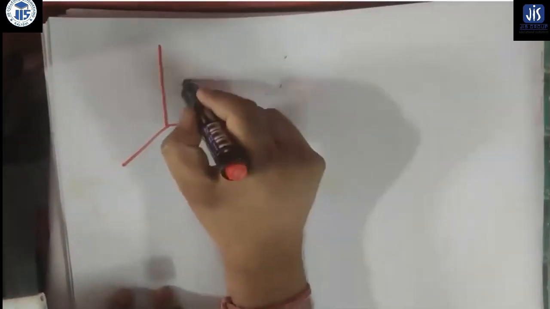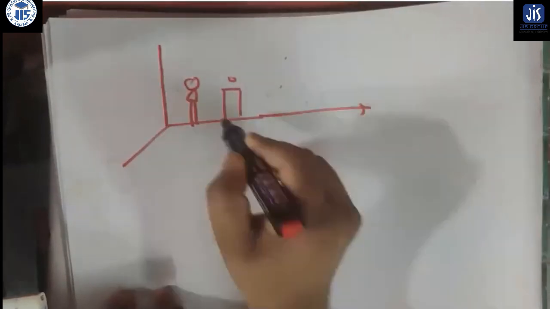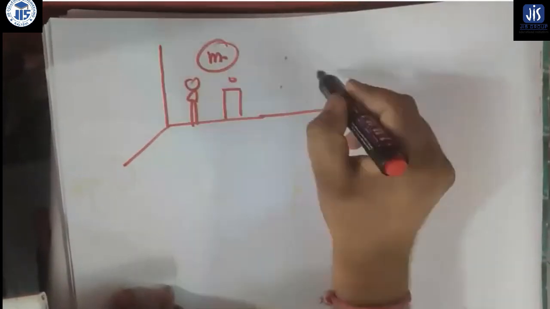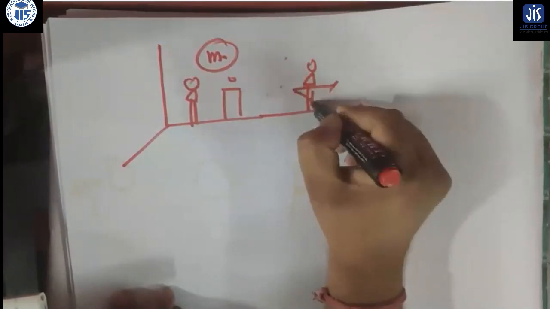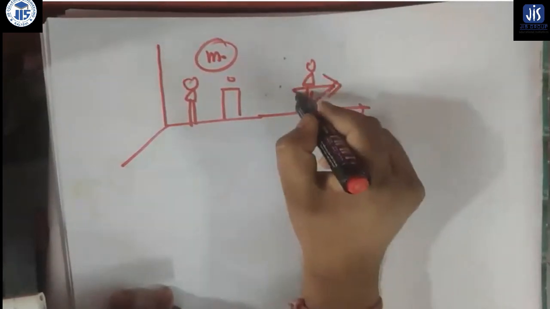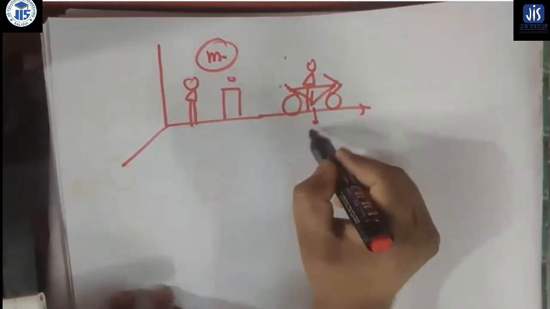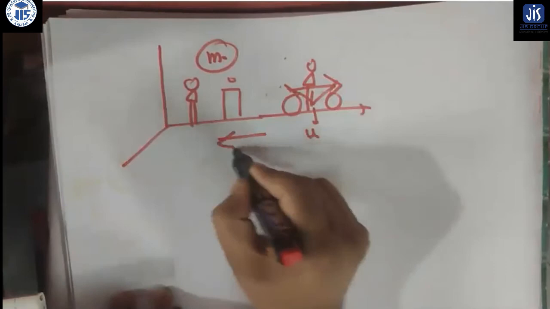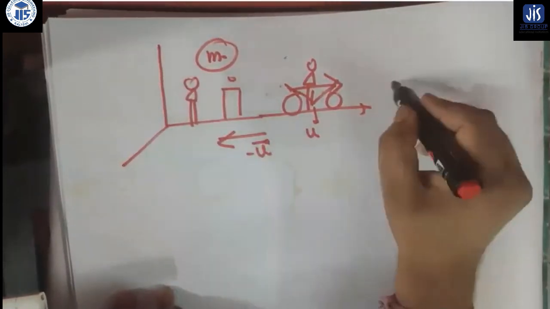Okay, suppose again this is me, this is the ball, the cycle is moving, I measured the mass as m0. Now this is the cyclist moving on a cycle with a speed u. So he is seeing the ball moving with a speed minus u. Okay, so now what is happening?